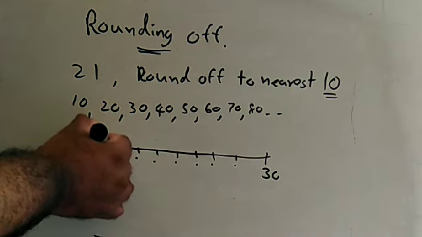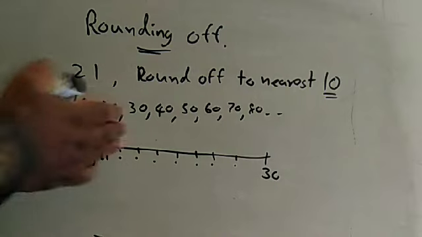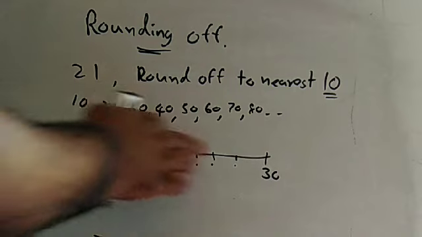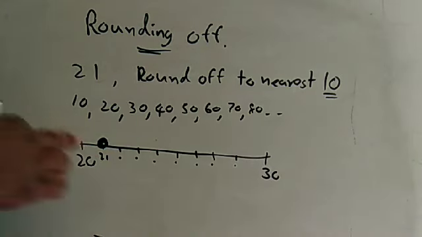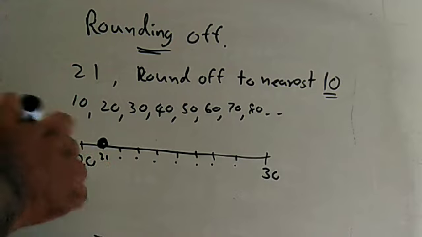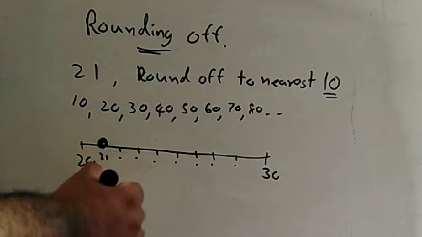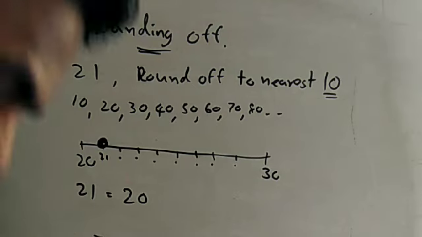Now what is the nearest? Is 21 close to 20 or 30? 21 is very close to 20. Therefore, when we round off 21 to the nearest 10, the answer is 20. Understand?